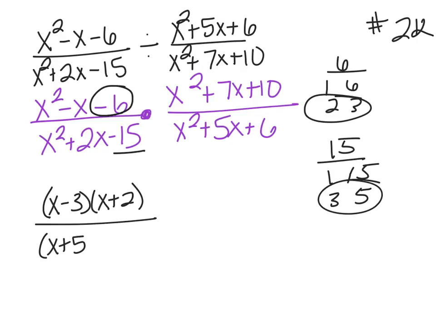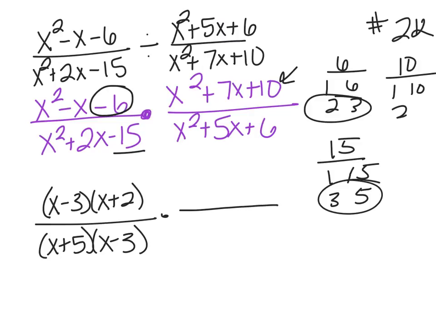X plus 5, x minus 3 gives me a positive 2. Multiples of 10. 1 and 10, 2 and 5, that add to give me 7. X plus 2, x plus 5.